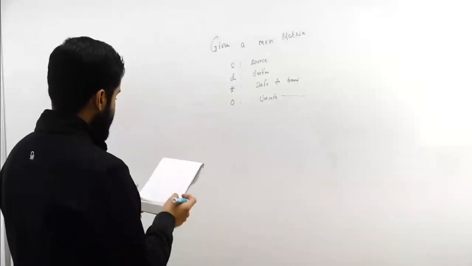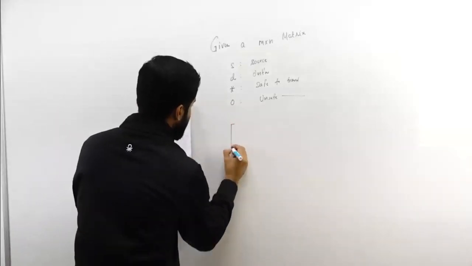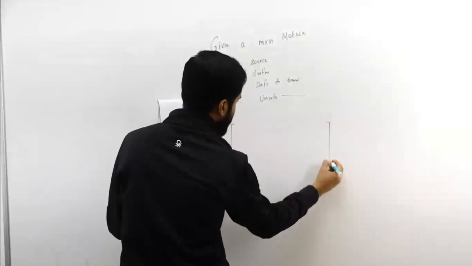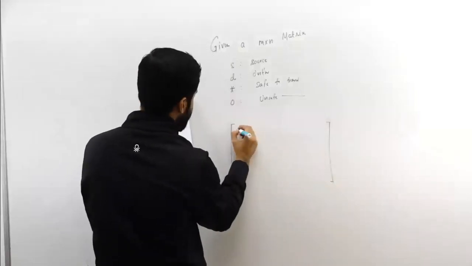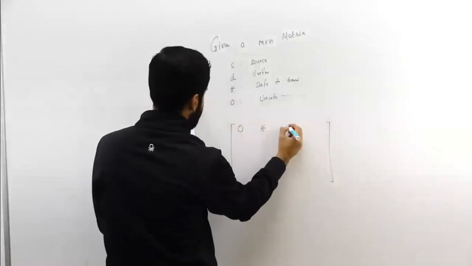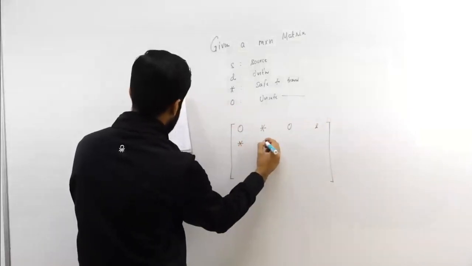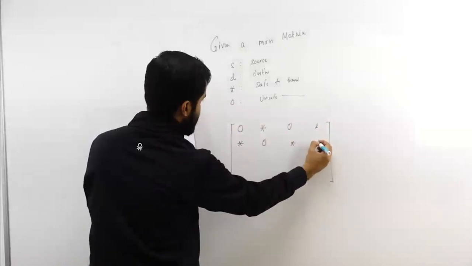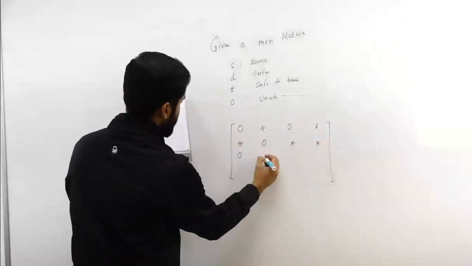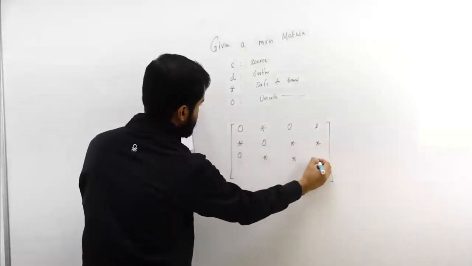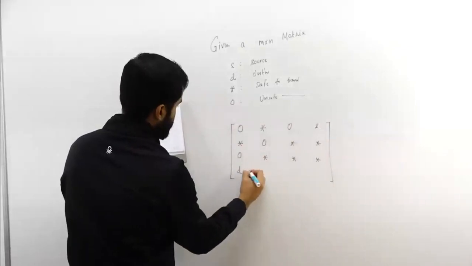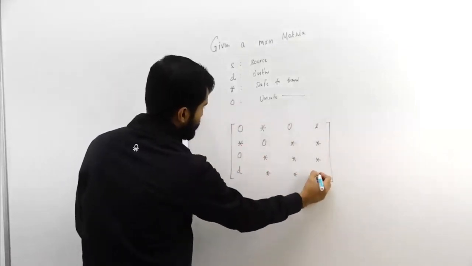Now, let's say, for example, this is your matrix. The elements it has are 0, star, 0, S. And then star, 0, star, star. And then 0 followed by 3 stars. And then D followed by star, star, star.